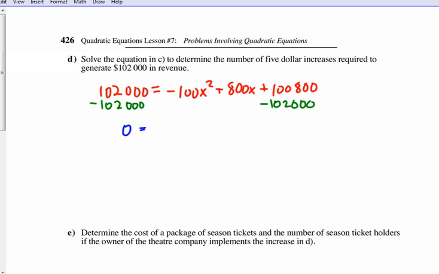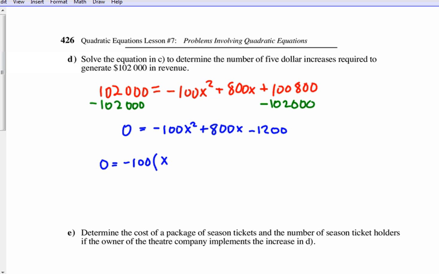So 0 equals negative 100x squared plus 800x minus 1200. What can we factor out of this guy? 100. And also, what else should we factor out? If this is a negative, we're going to factor out negative 100. So factoring out a negative 100, which is awesome because it's going to make it simple. So if we divide this guy by negative 100, what is he?